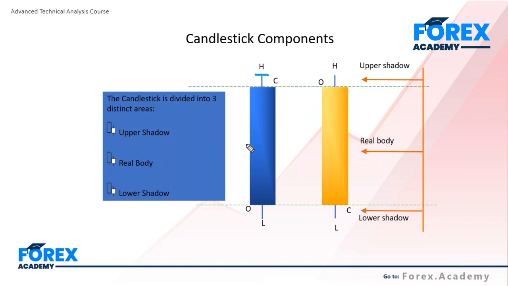We'll just make our reference to a day for illustrative purposes. We have a lower shadow, which will run through to the low of the day. And these mark the extreme ends of the price activity. The real body is the difference or the area between the open and the close. And those are the components of a Japanese candlestick.